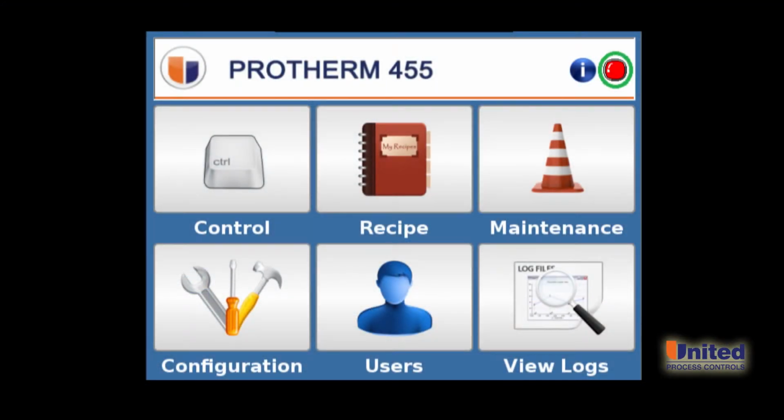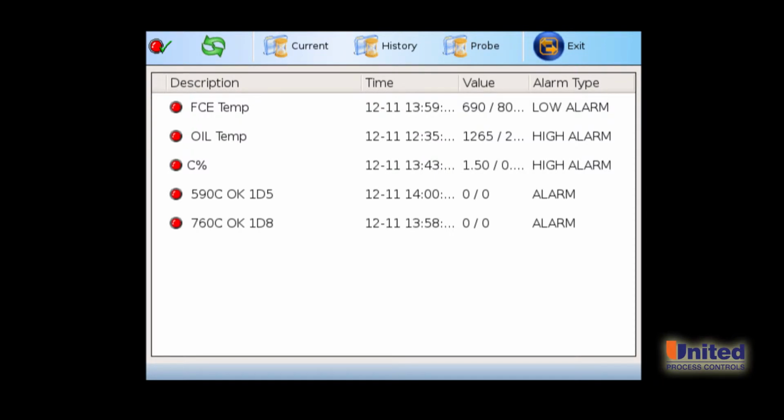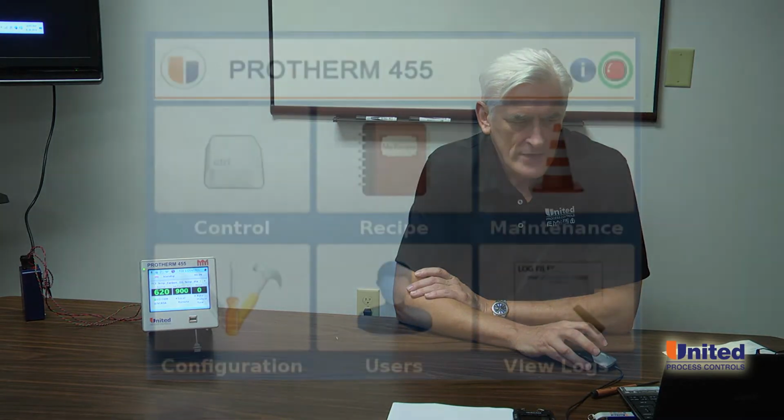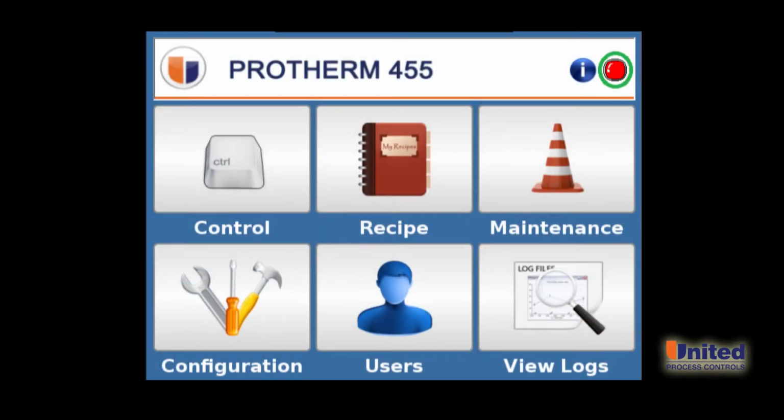The alarm screen is accessible through this green or red flashing button here. Let's put a condition in the instrument where it'll force an alarm. An unacknowledged alarm is a flashing red light up here in the upper right-hand corner.